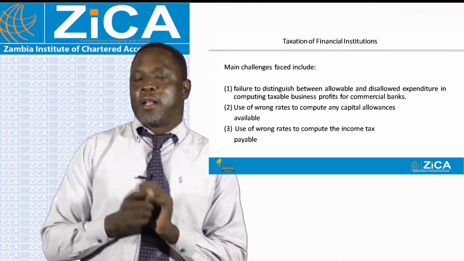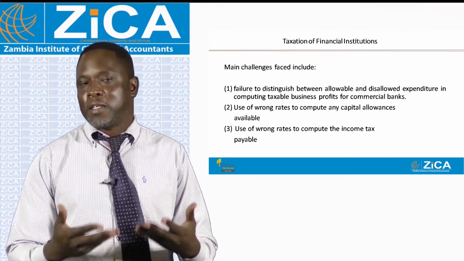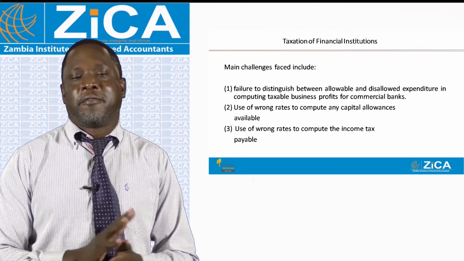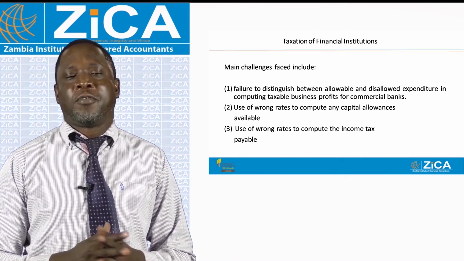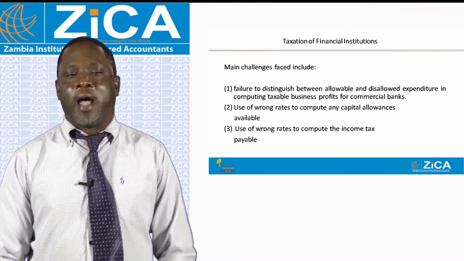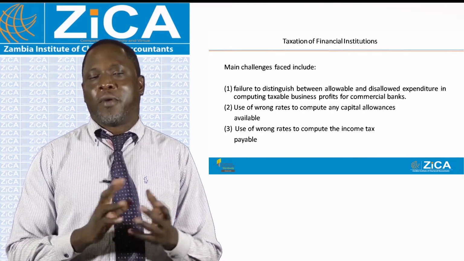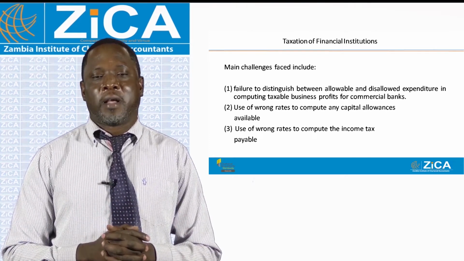Let us move on and now look at taxation of financial institutions. What specific challenges do students normally face in this particular topic? Again, failure to distinguish between allowable and disallowed expenditure when computing taxable business income for a commercial bank.